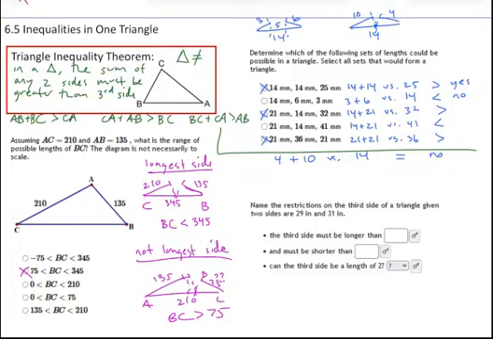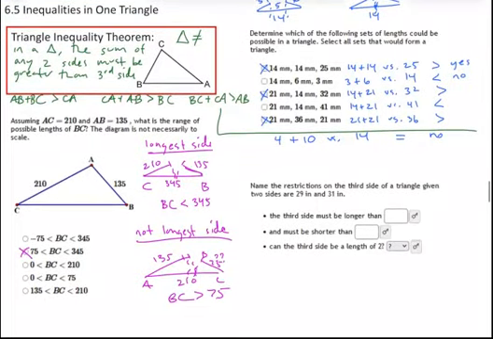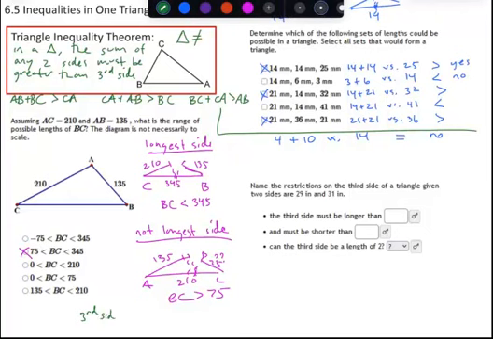There's our answer. And now, you don't have to write it out like this all the time because it's a more straightforward calculation. The way that you're going to answer these questions is the third side of a triangle based on triangle inequality is going to be greater than the difference of the two given sides, and it's going to be less than the sum of those given sides.